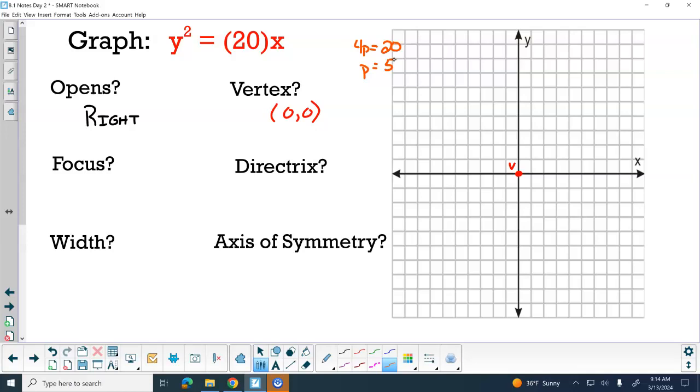In which way is the focus? If my parabola opens to the right, which direction is my focus? It is to the right, so I would go right 5. 1, 2, 3, 4, and 5. There would be my focus, which would be at the point 5, comma 0.